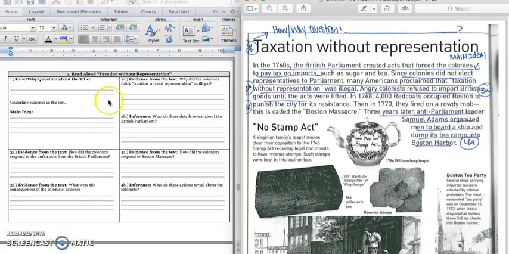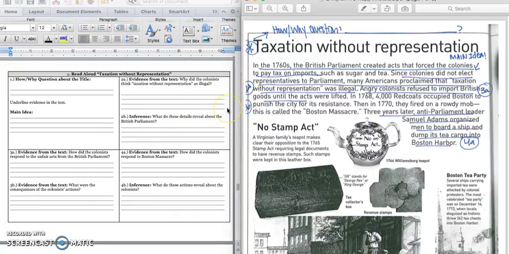2A says, why did the colonists think taxation without representation was illegal? And if we go back in our text, it says the colonists did not elect representatives to Parliament. And that is why they proclaimed that it was illegal, because they were supposed to vote on whether or not they wanted to pay taxes.